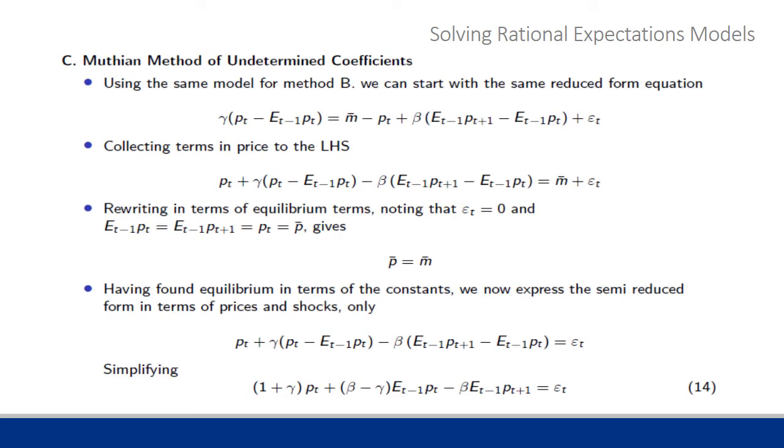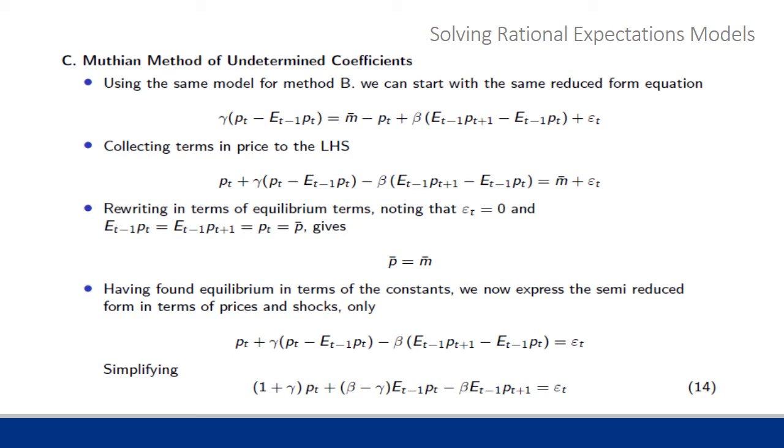We now go on to use another method, which is called the Muthian method of undetermined coefficients. The previous method required us to see the solution for E p_t plus 1. It is not required here, so it's different, and it really is a matter of preference whether you use method B or method C for a forward variable model.